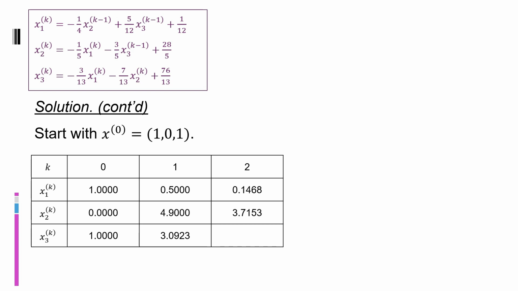And finally, x sub 3 equals negative 3/13 times, etong gagamitin natin, 0.1468 minus 7/13 times 3.7153 plus 76/13.